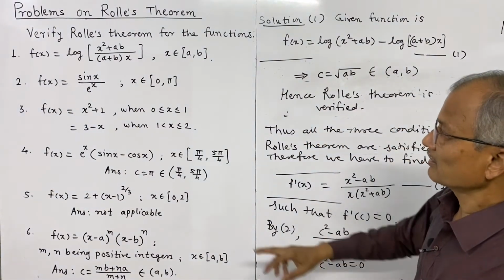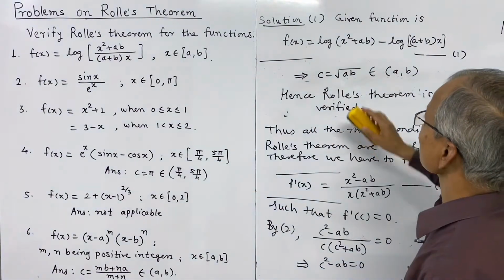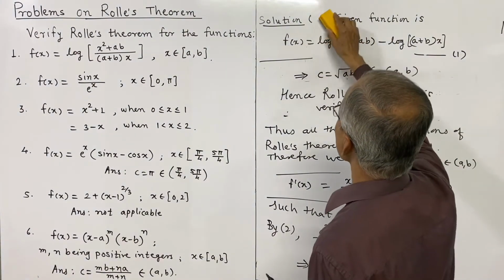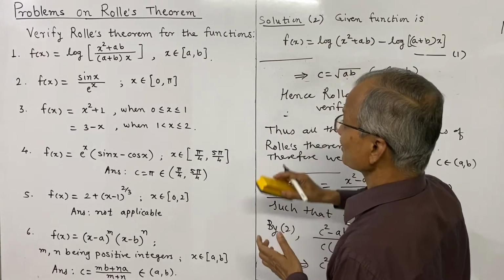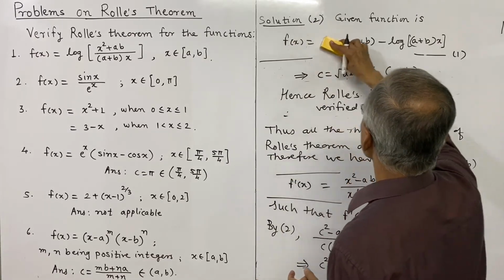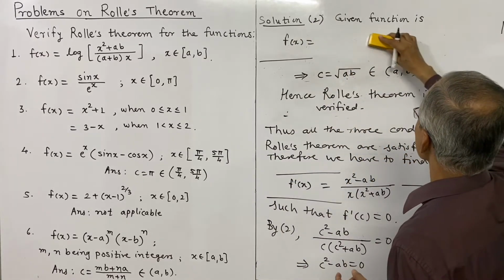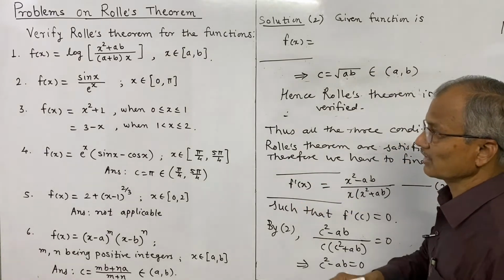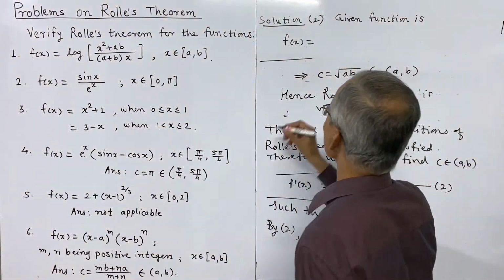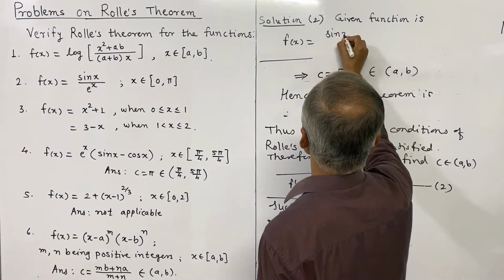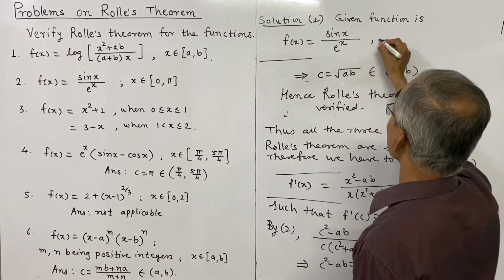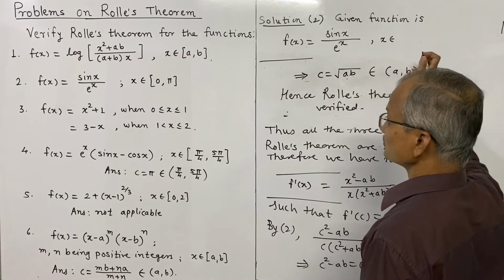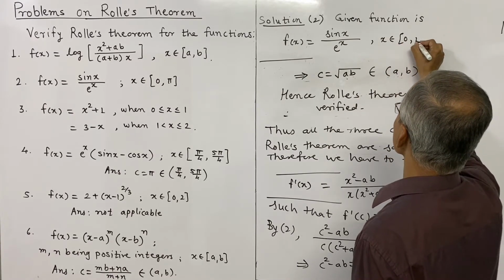Now we shall consider the second example, solution for the second. The given function, in the similar way, we shall consider as f of x, and for the second problem it is sin x divided by e power x in the interval x belongs to 0 to pi.